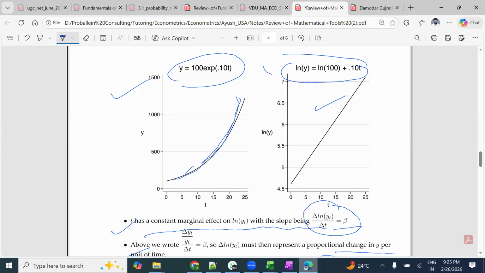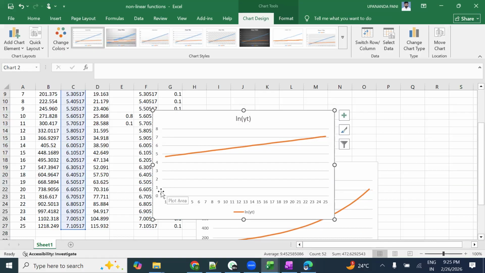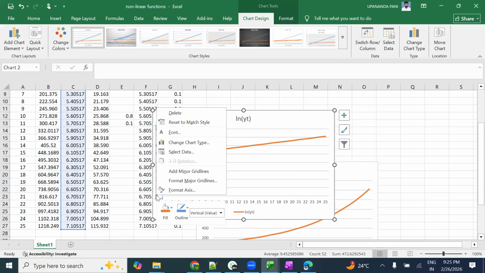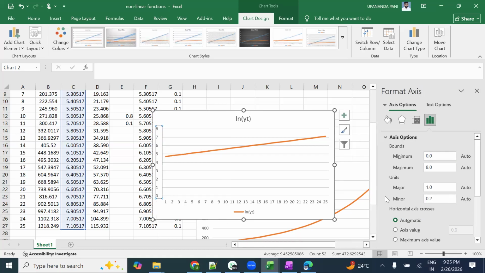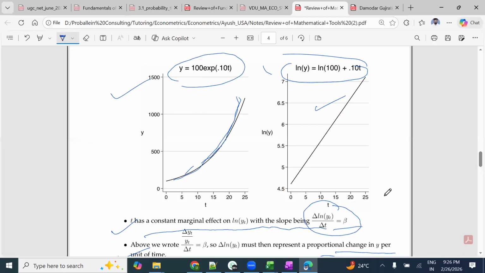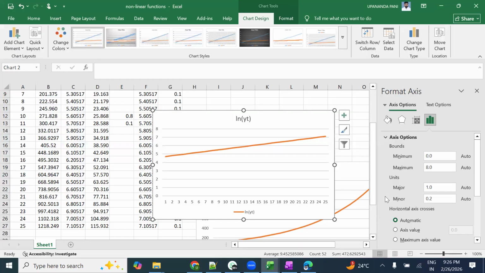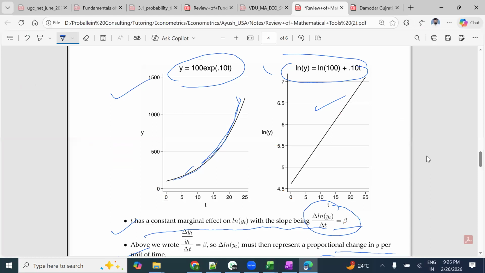But not exactly. I have not got it like this because I have to adjust the graph a little. Here I am starting like you can see the vertical axis. I will format the axis. Minimum value is 4.5, so then only it will be clear, and maximum value is 7.